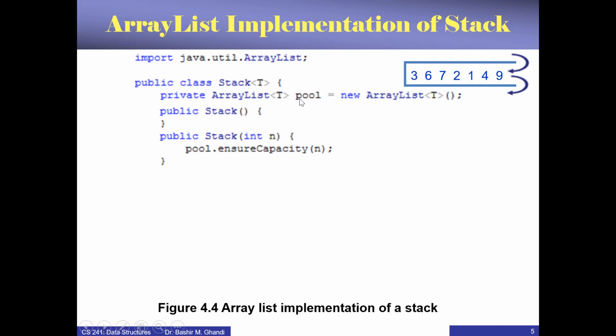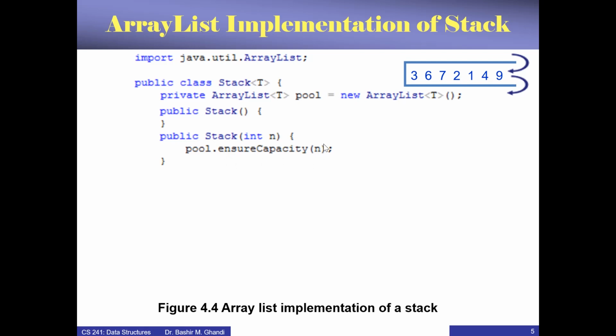So that there is no need for repeatedly copying from smaller one to bigger one, and then when that is finished, creating another bigger one and copying the data. This will waste time, but this one will ensure right now if the user says 1000, we will immediately create an array list of 1000 elements.